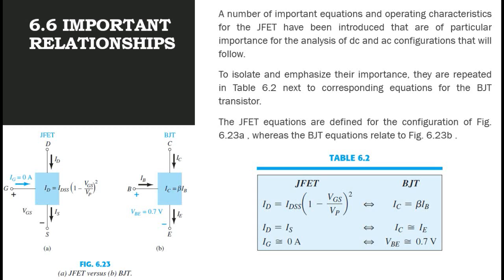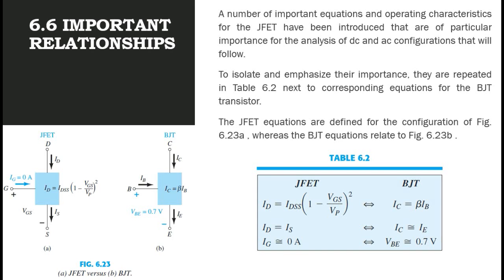There is also a comparison of BJT and JFET in table 6.2. The first one, ID is equal to IDSS, and for BJT it is IC is equal to beta IB, and in JFET the drain current is equal to the source current, and similarly in BJT the collector current is equal to the emitter current.